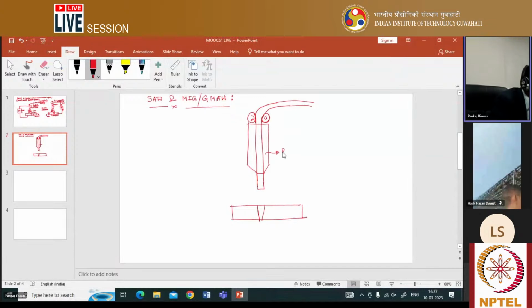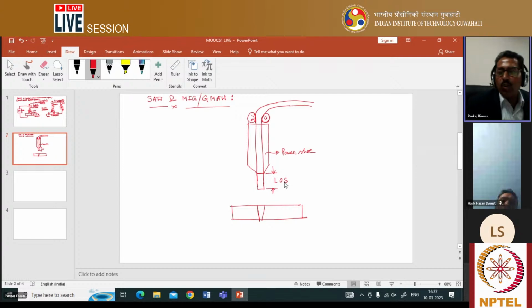This is called the power shoe. The tip of this power shoe to the tip of the consumable electrode is called length of stick out, or LOS. It is generally represented like this.